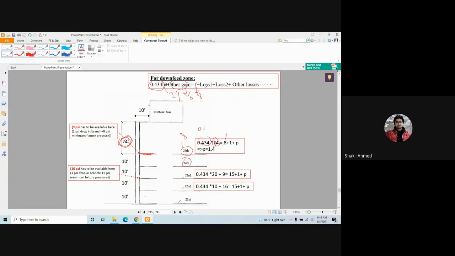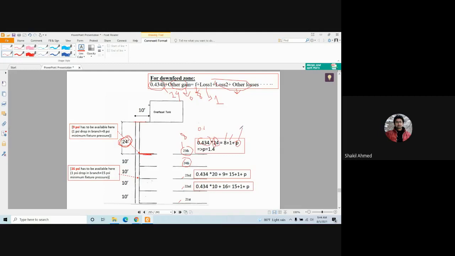Assume in the branches, elbows, and these things, your loss is 1 psi. So put 1 here. And your other losses are basically P.